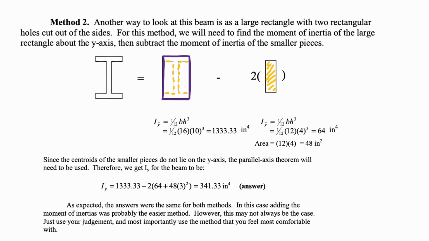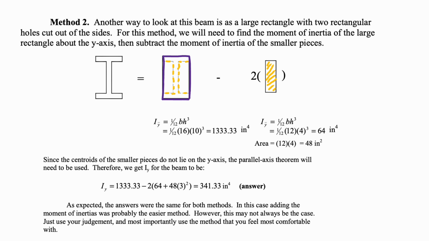So Iy for the first section will be bh cubed over 12, and in our case it is 16 times 10 cubed over 12, which will give me the value of 1333.33 inch to the fourth. And for the hole we have Iy to be bh cubed over 12, which is 12 times 4 cubed over 12, that is 64 inch to the fourth.